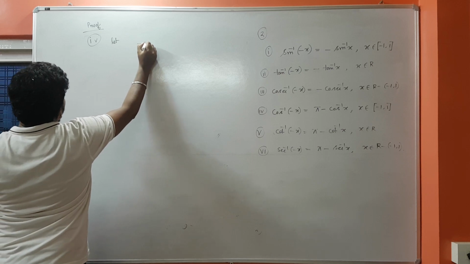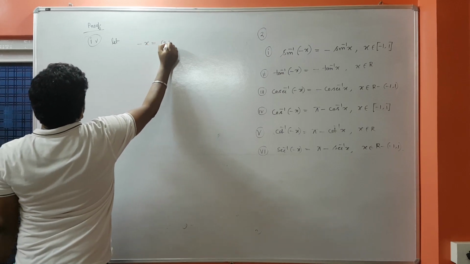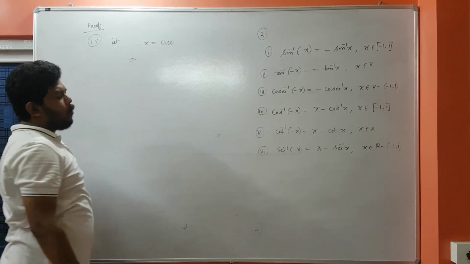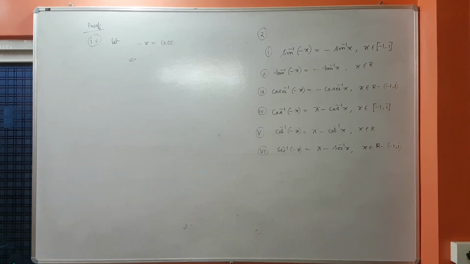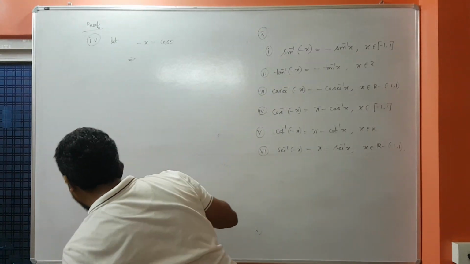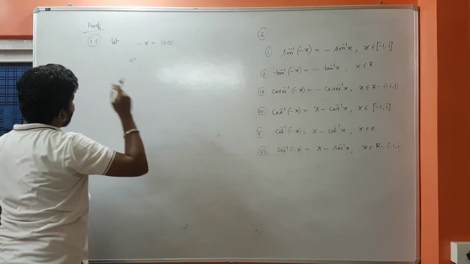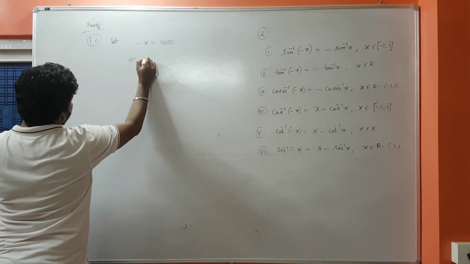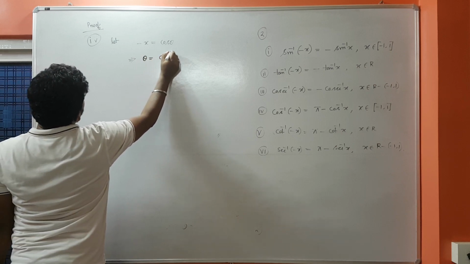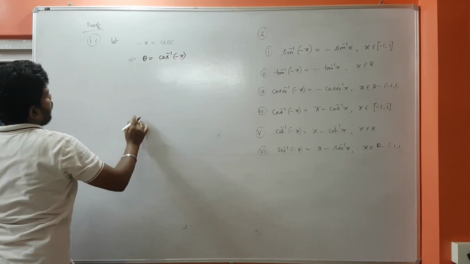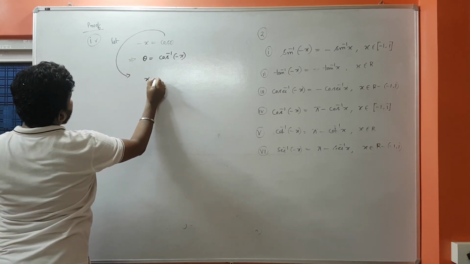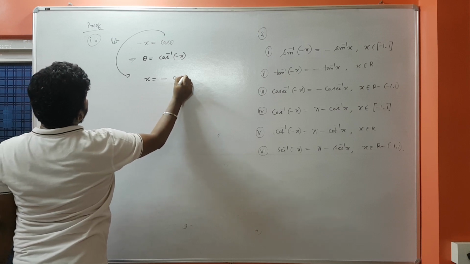Let minus x be equal to cos theta, that is, theta is equal to cos inverse of minus x. Now, again we can say x equals minus cos theta.